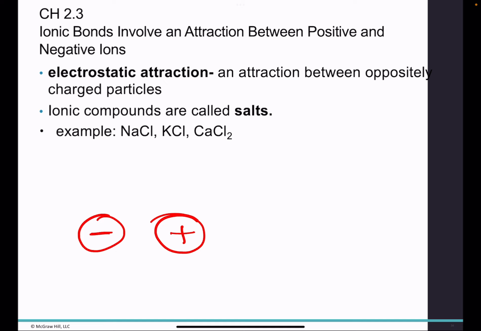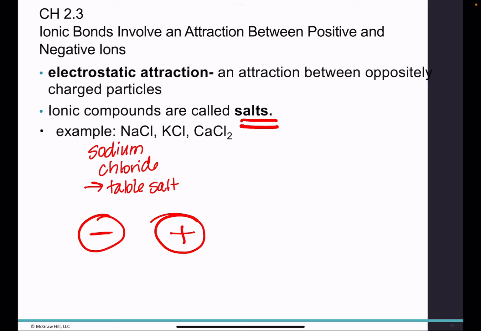Ionic compounds are more commonly called salts. So you are familiar with these. You've probably heard of these examples here. Sodium chloride, that's table salt. So if you have a little container of salt and pepper on your dining room table, that's what this is, sodium chloride.